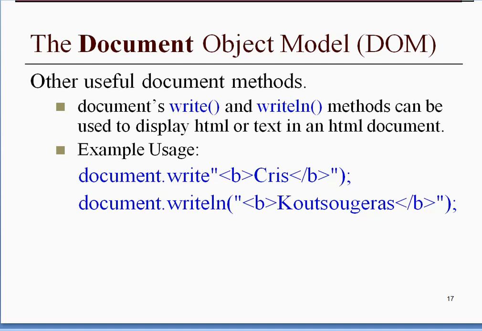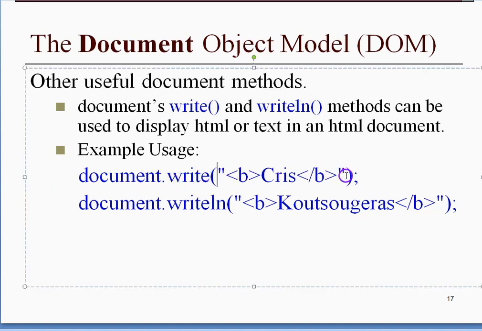So the document's code will be augmented with these write and writeln statements exactly where they appear. For example, I can say document.write and then give this string as an argument. Then this is going to be written into the document HTML, and it will be immediately rendered by the browser.